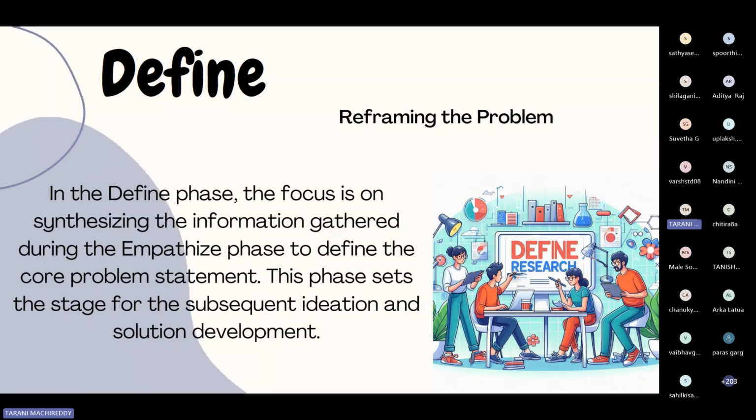If we want our product to be popular in the market, we need an empathy phase, which is where we prepare products according to the user needs.